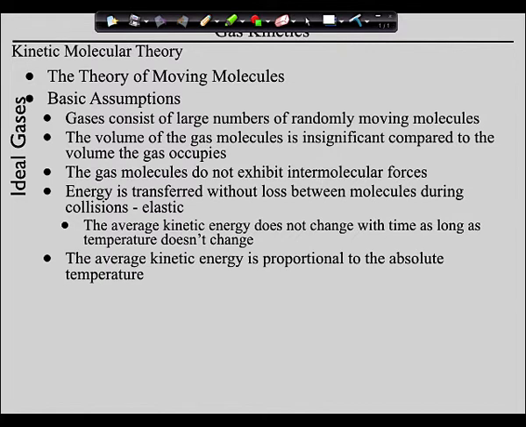Okay, so guys, in addition to that then, we can now say this, that the kinetic energy of a gas is proportional to its absolute temperature. And what does absolute temperature mean? Kelvin temperature. So temperature is not the same as speed, but temperature is a direct reflection of kinetic energy.